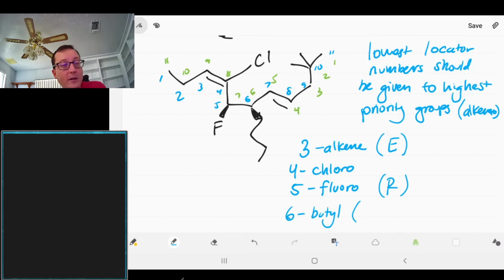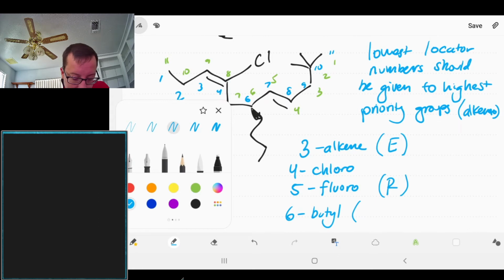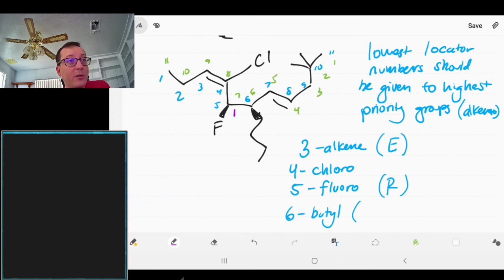Is this R or S? Our highest priority group is that one, because it's got a fluorine. Second priority is the one with the alkene. Third priority is the plain old alkane. Fourth priority, hydrogen. So this is also an R center.